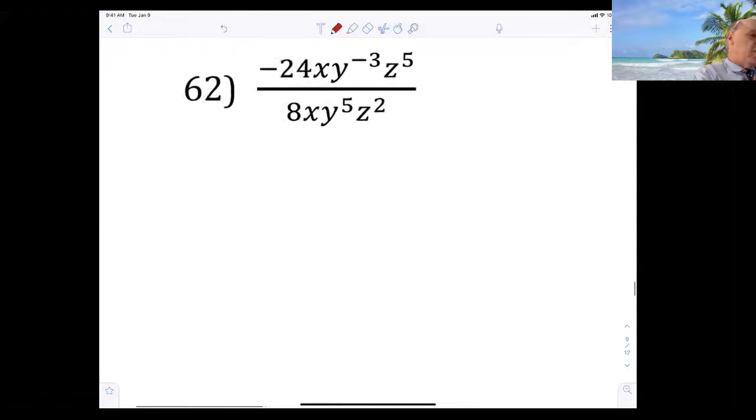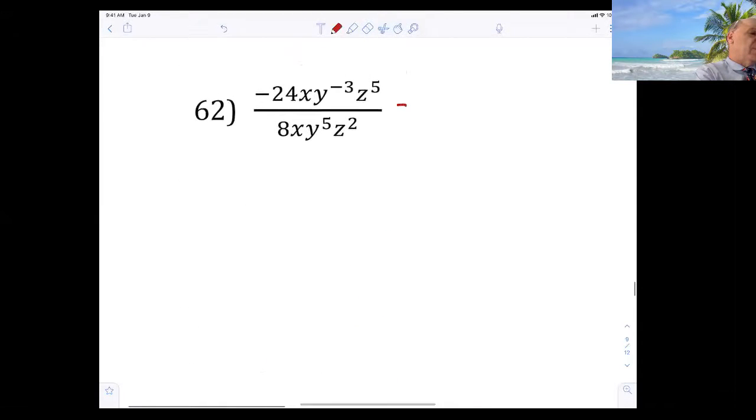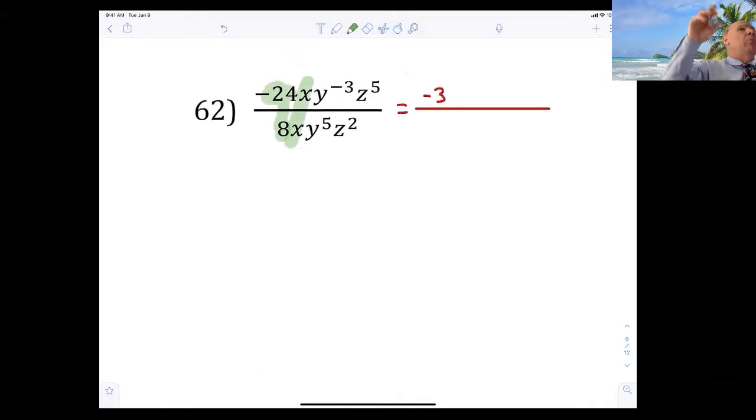62. All right, now again, same exact principle. All right, let's go. -3 so far. We're looking at this. What happens to the x's? Cancels. Now, everyone, be smart. I'm moving 3 from the top to the bottom.